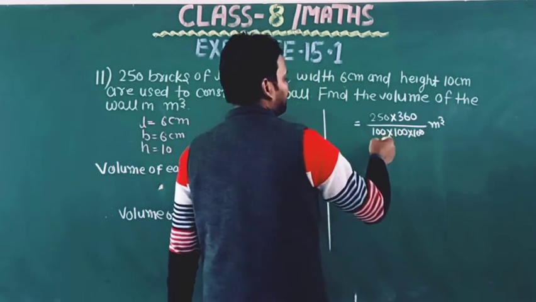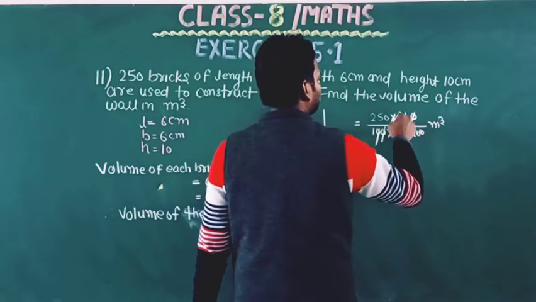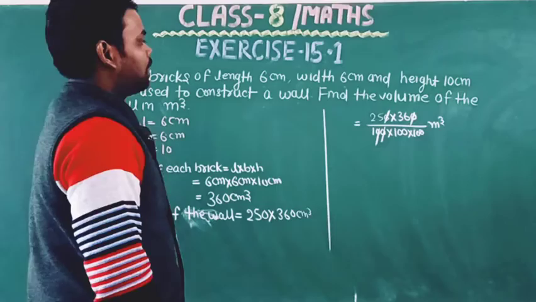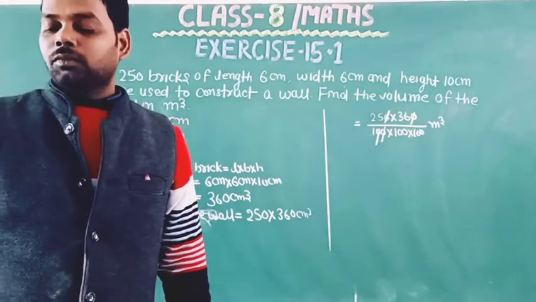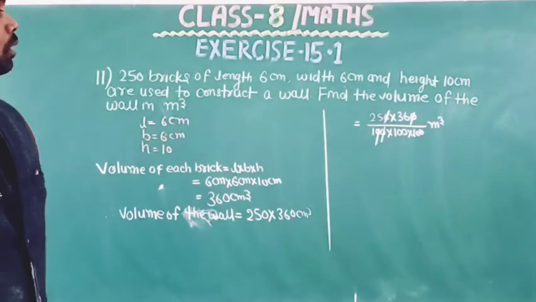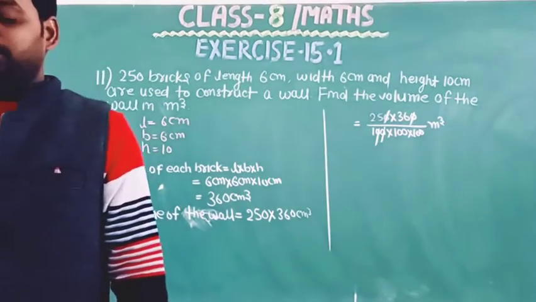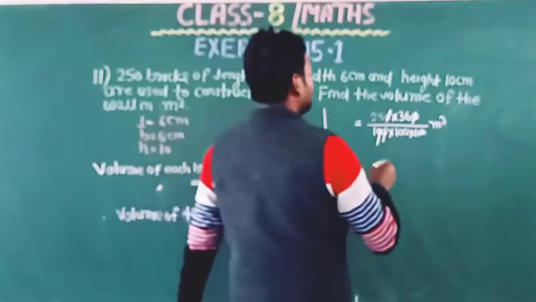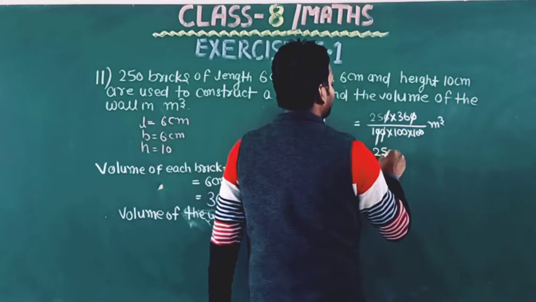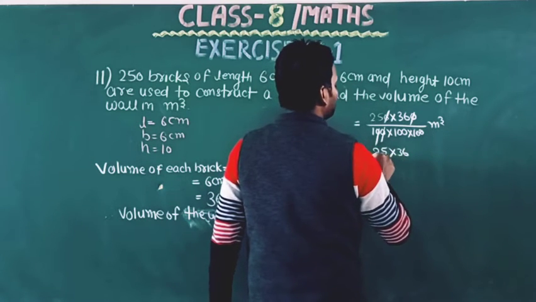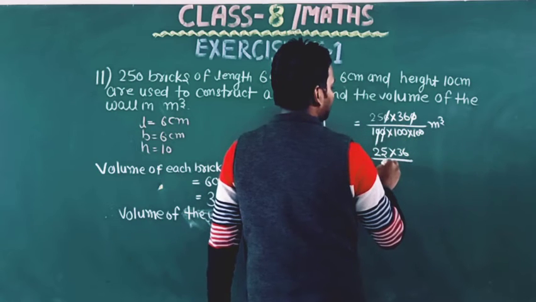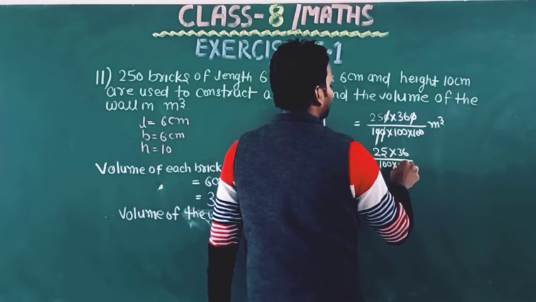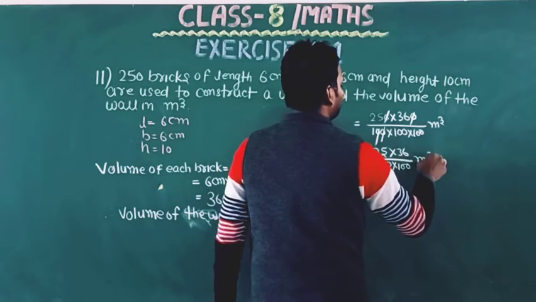We can cancel 10 from numerator and denominator, and remaining are 25 into 36 upon 100 meter cube.